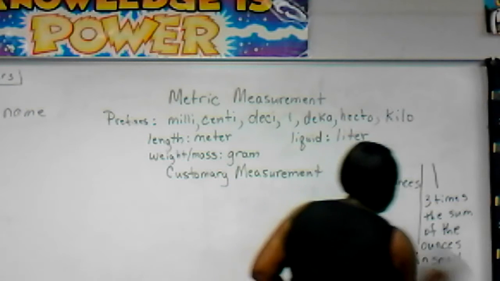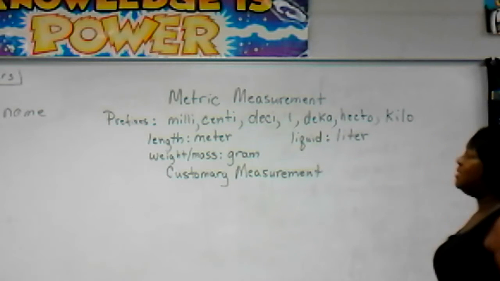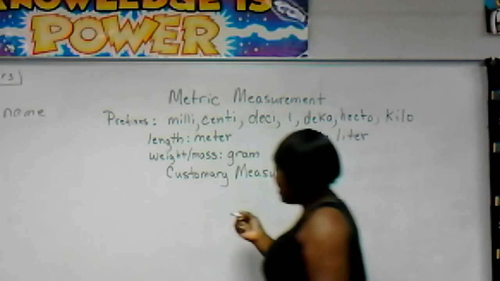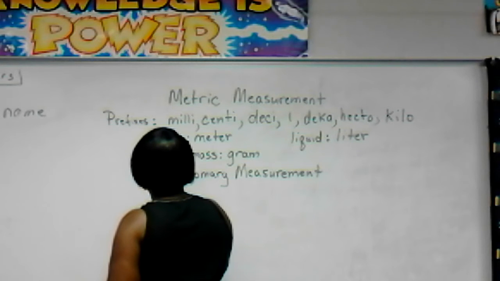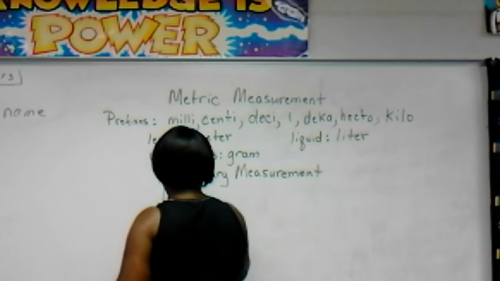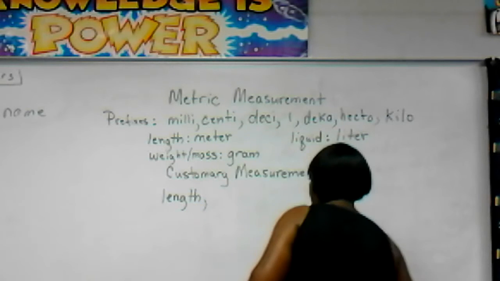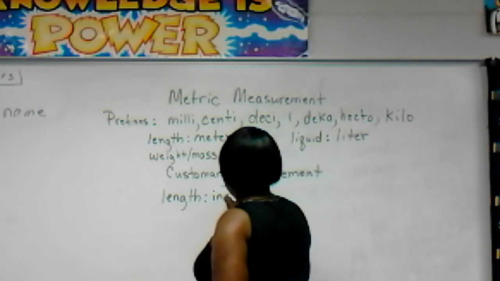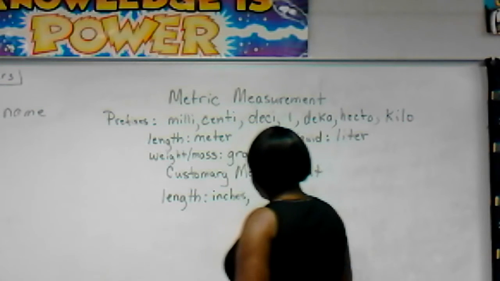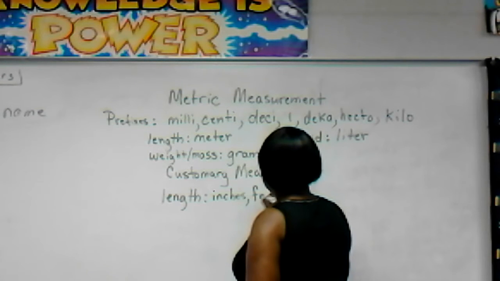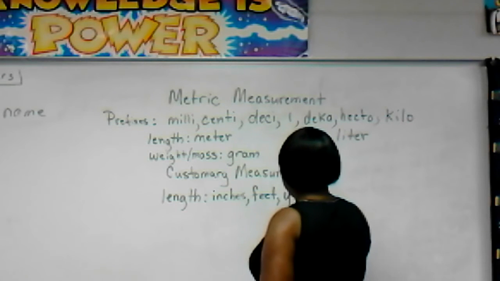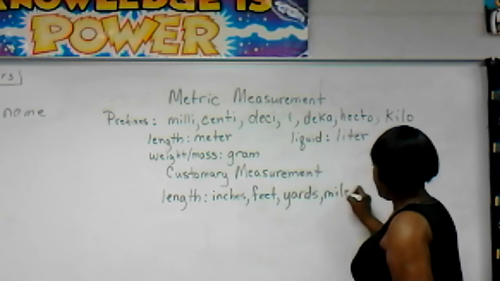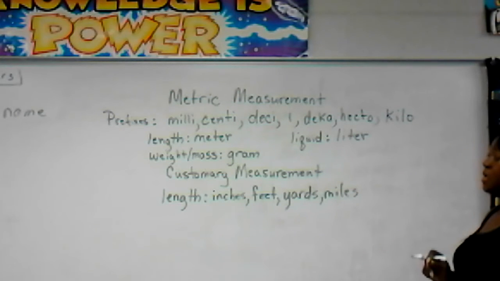The customary system of measurements is a lot different from the metric system of measurement. With customary system of measurement, when we talk about length, we are talking about inches, feet, yards, and miles for customary measurement.